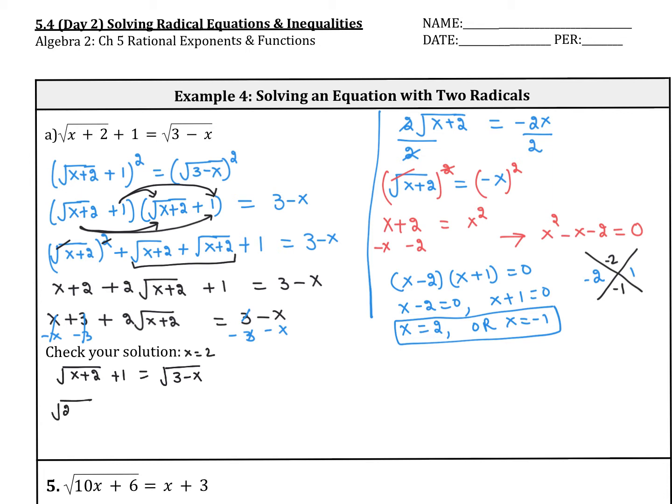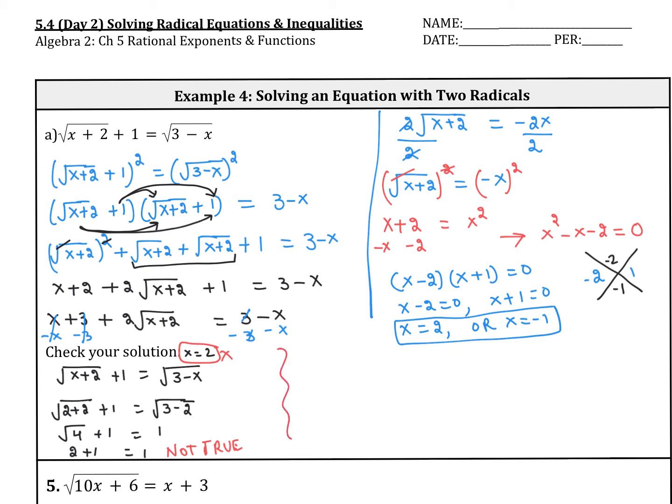So that's square root of 2 plus 2, plus 1, equals square root of 3 minus 2, and that is square root of 4 plus 1, that is 2 plus 1, and on the other side is square root of 1, which is 1. So 2 plus 1, that is 3, is not equal to 1, so that is not true. It means that this is not going to be a solution for the problem.